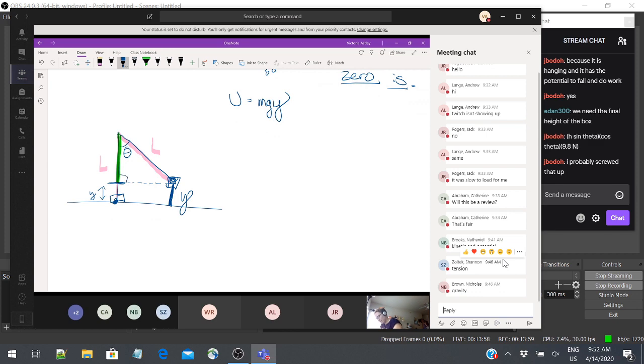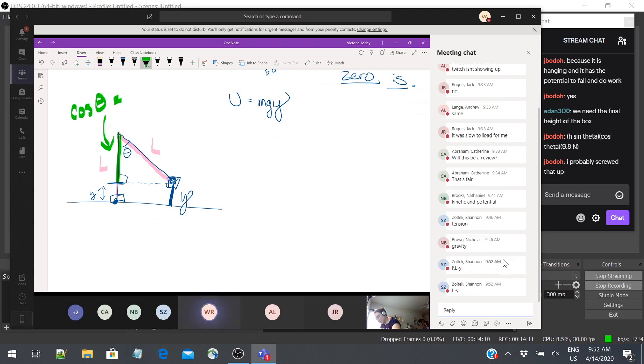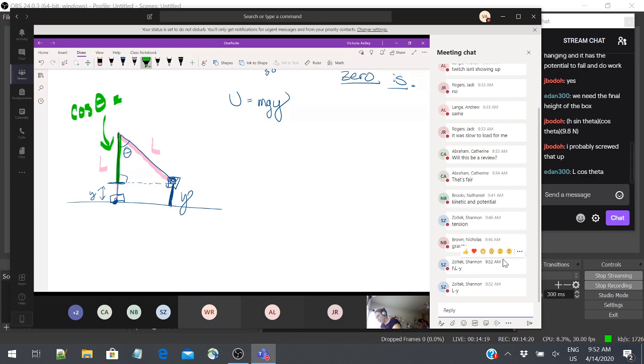So if this side is L, this side is theta, then the green part is going to be, let's see, cosine theta is going to be adjacent divided by hypotenuse.